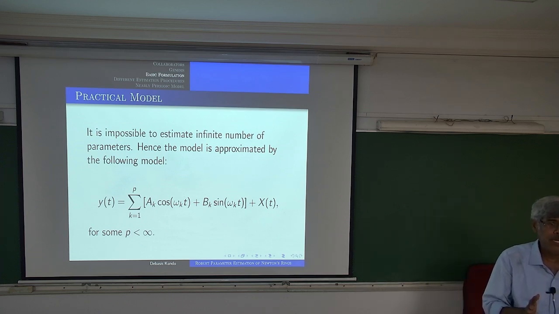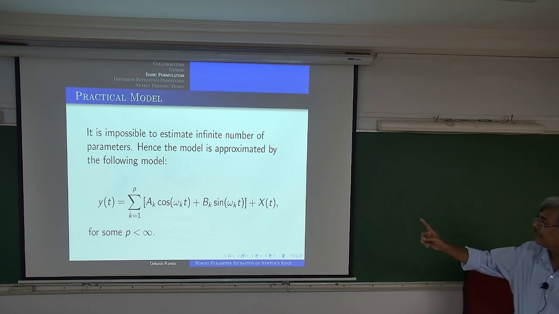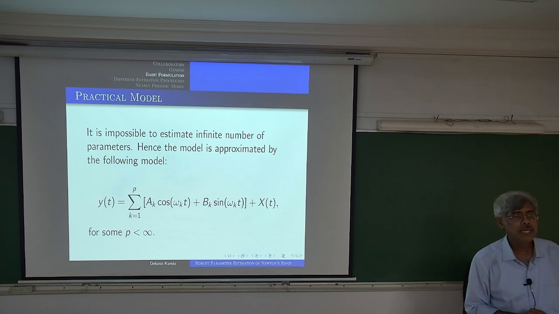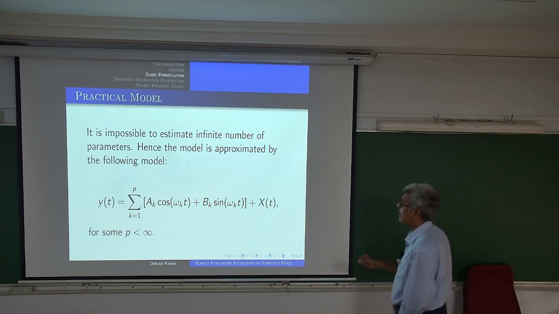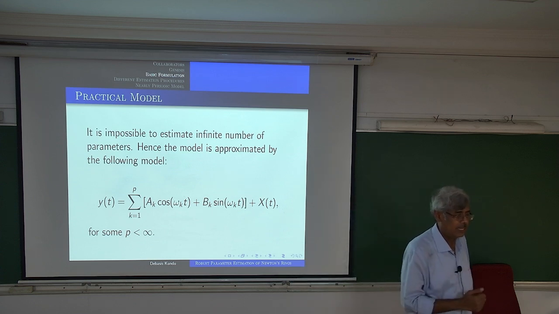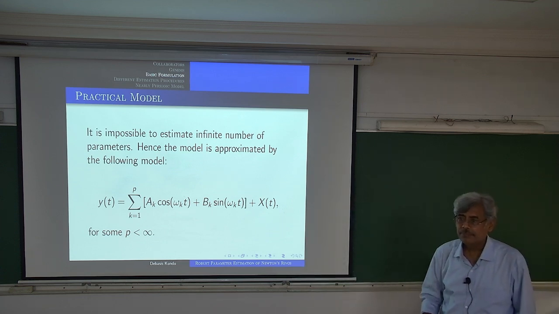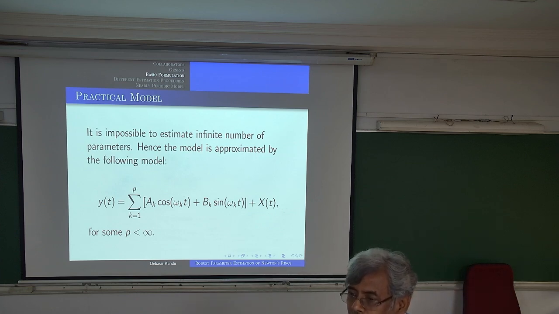Where and how you want to truncate are different problems, but you make this truncation, k is equal to 1 up to p, and you also make some kind of generalizations. Instead of omega, you are bringing in a different frequency. Do you know why, and you want to understand what a_k, b_k and x are, or on the other hand, do you know a_k, b_k and x?